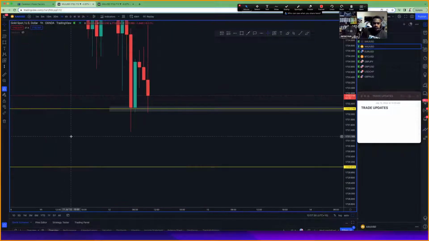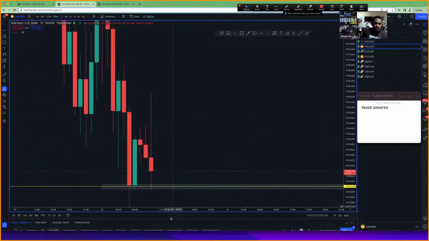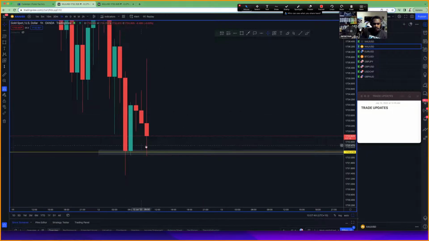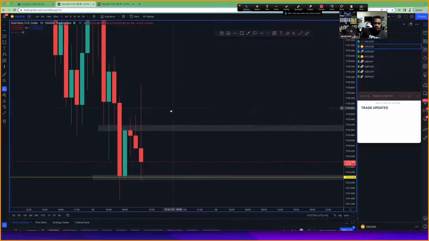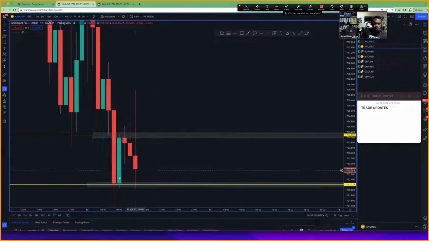So this range here is how many pips? This is a 20 pip range. I think we could potentially take 10 pips out of this. We're definitely rejecting the support level area, so we could potentially push up at this point. We have a minor resistance on the 1 hour time frame just a little bit above 1734, this zone right here.